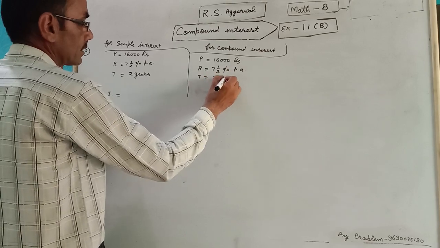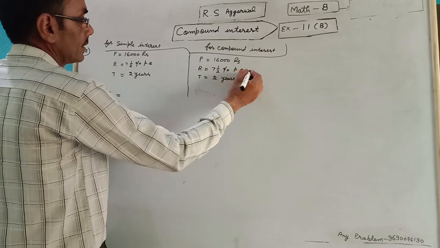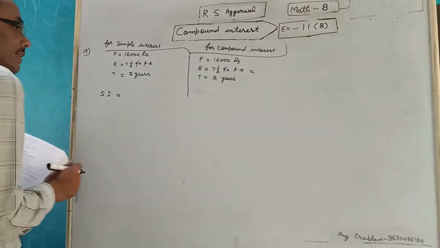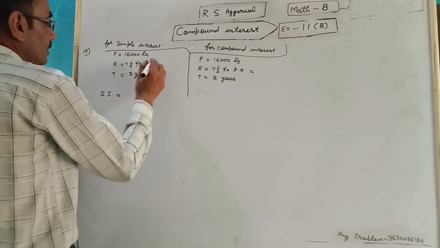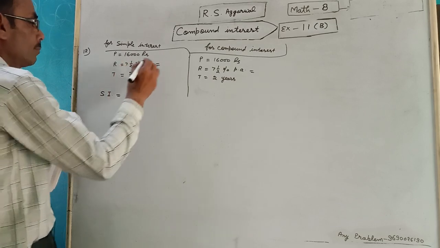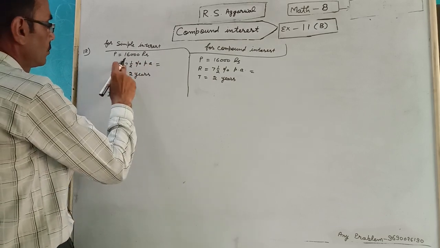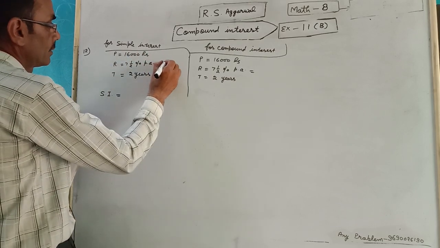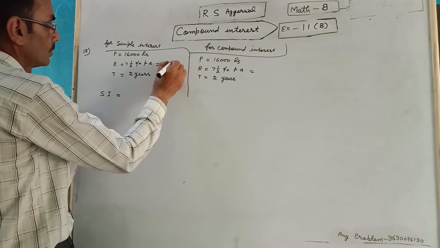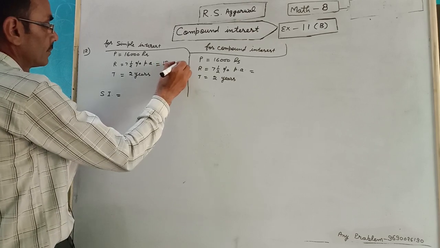Time is 2 years. Change into improper fraction: 7 times 2 is 14 and 15 upon 2 per annum.